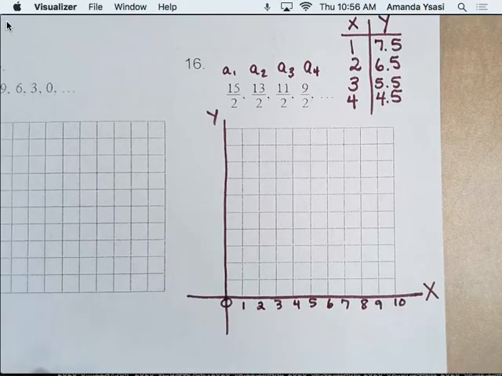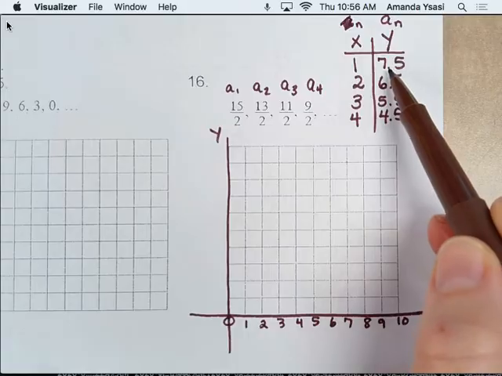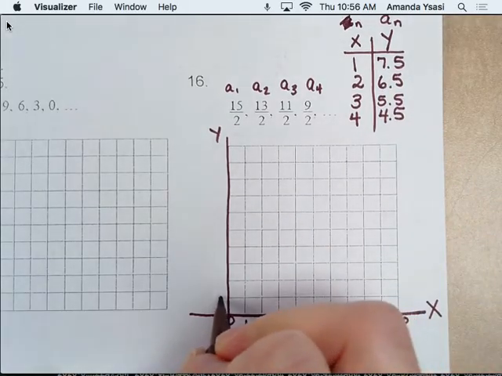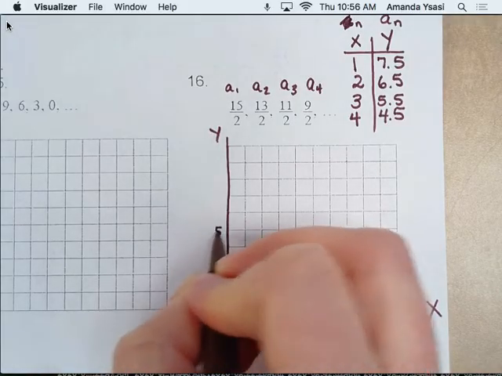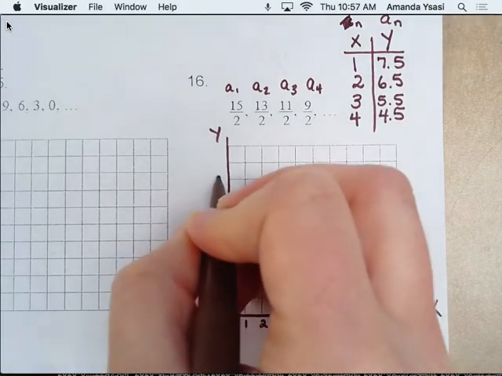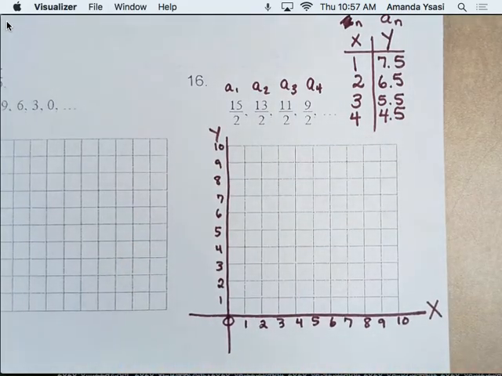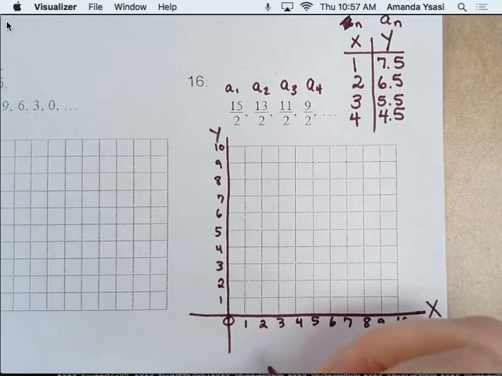Then what about the Y's? We look here and see that the most is 7.5. So this is also 10. So we can go by 1s again. And now we plug in or plot the point.